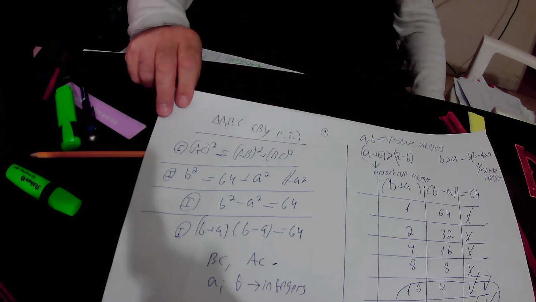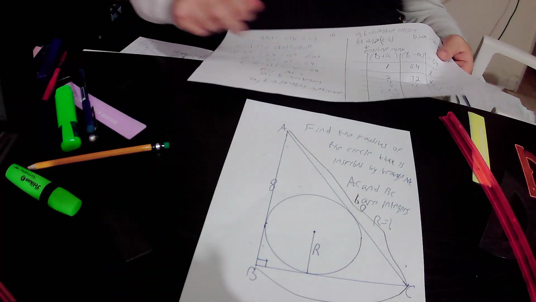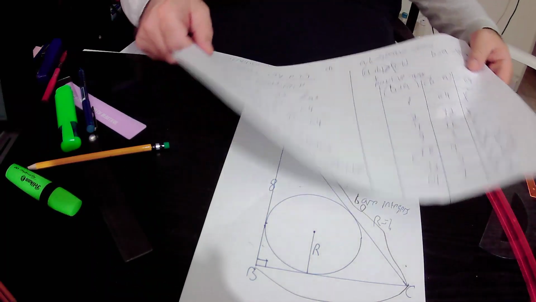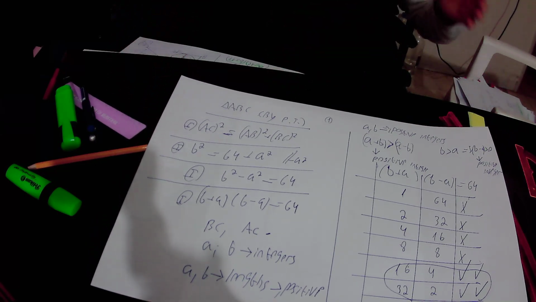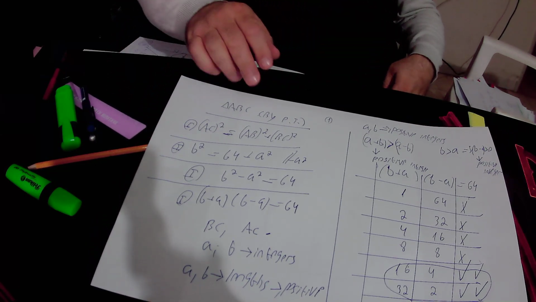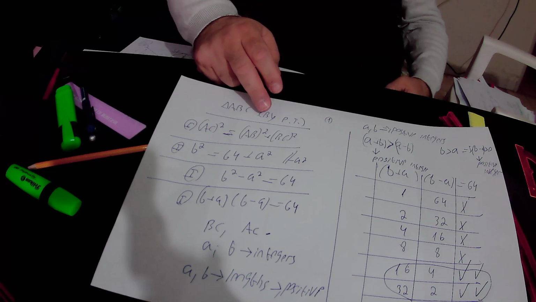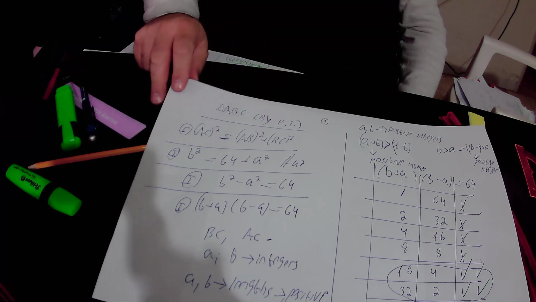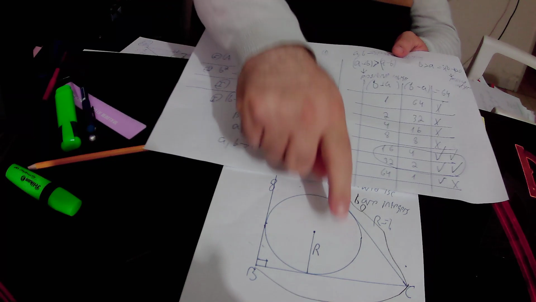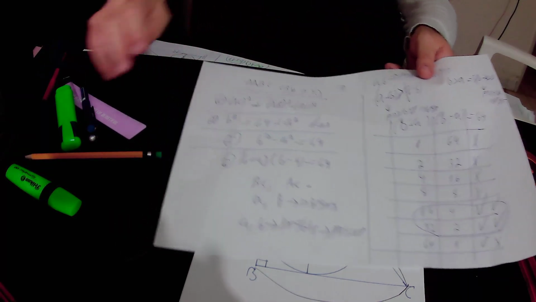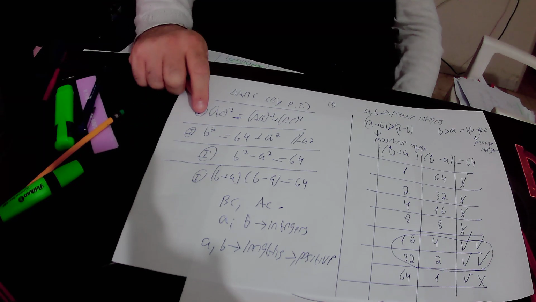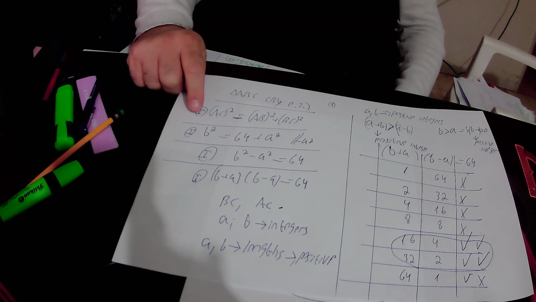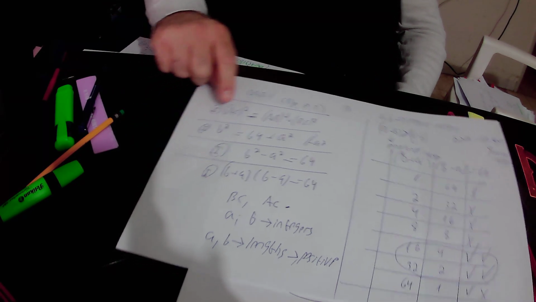AC equals B, so AC square is B square, and AB is 8, so AB square is 64, plus BC square, which is A square. So in conclusion, according to equation number 1, B square equals 64 plus A square.